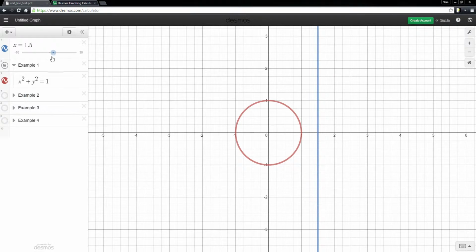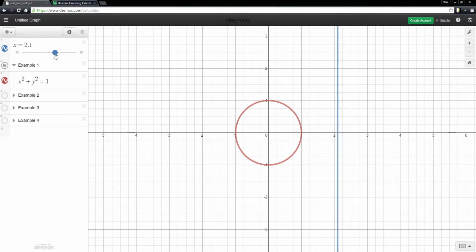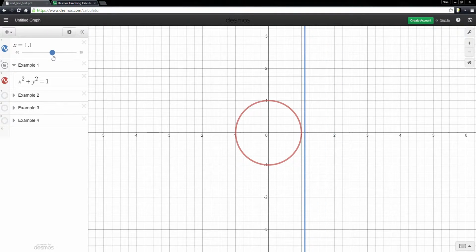So now let's look at it in terms of the vertical line test. Here's the blue vertical line that I'm moving around, and I can see over here there is no graph of the function. And so for the vertical line test, that's fine. The vertical line doesn't intersect anything at all. If I put it right here at the vertical line at 1, I can see that the vertical line does intersect the graph right here at this point, (1, 0), so that's fine.